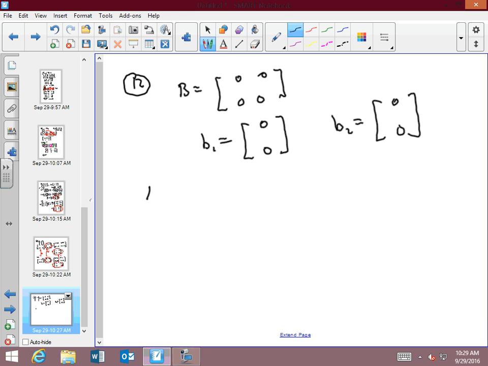So if we say AB equals the zero matrix, then AB has to equal 0.